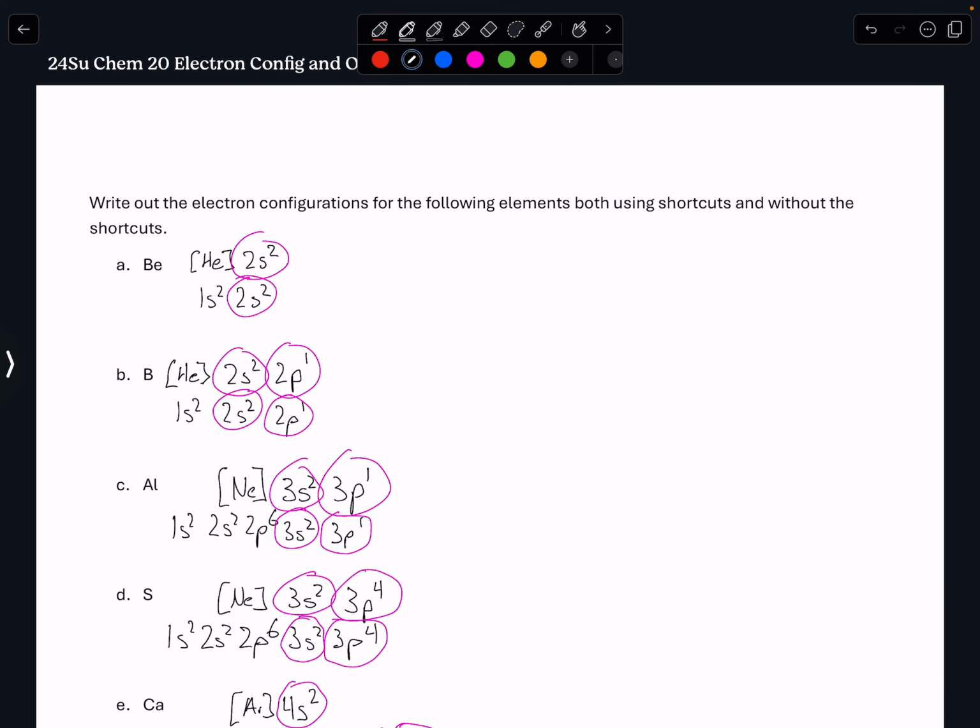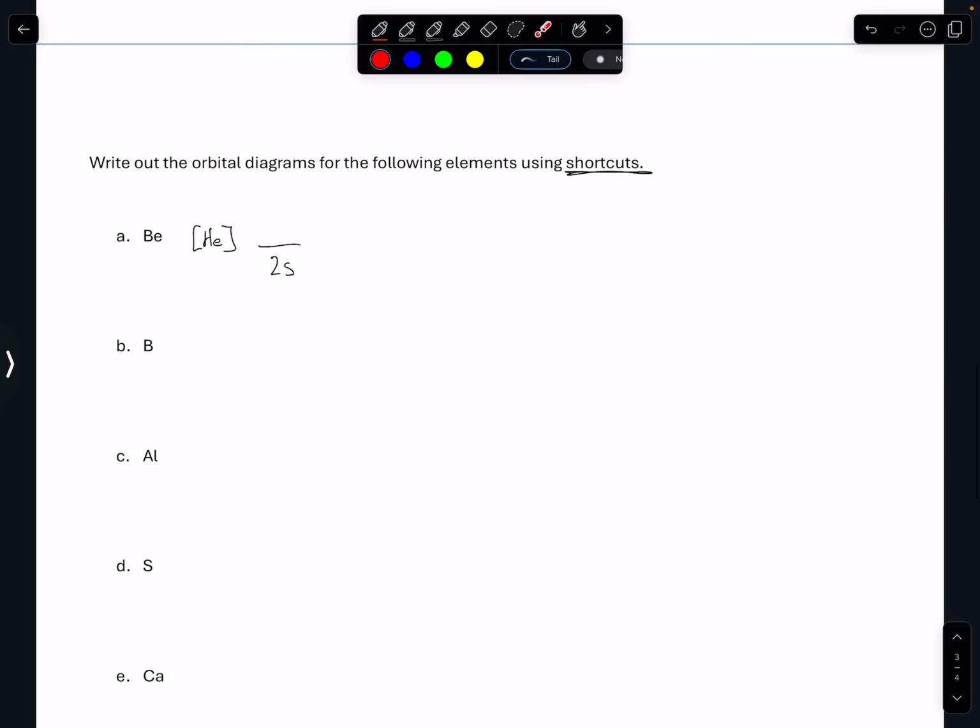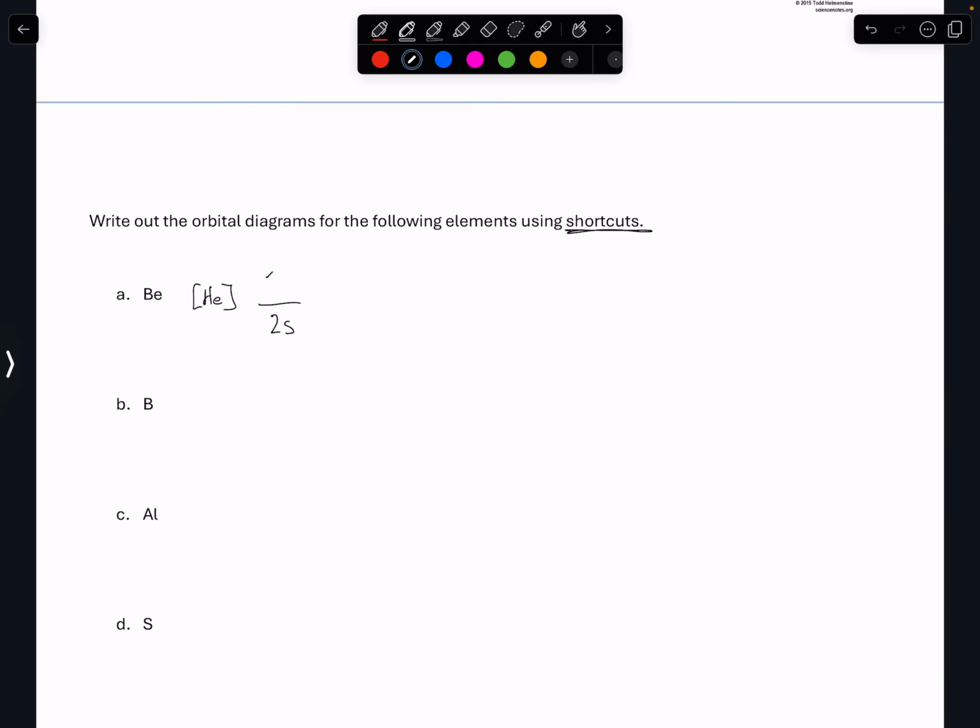That 2s2 means 2 electrons. When we're filling in electrons here, our electrons are drawn as half arrows up and down. We have to have one up and one down. The order doesn't matter. It could be down and then up, or up and then down. So that would be the orbital diagram for beryllium.